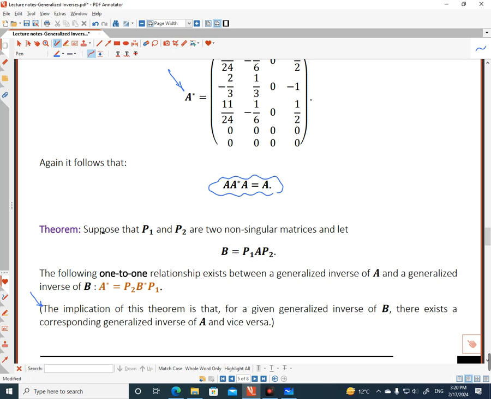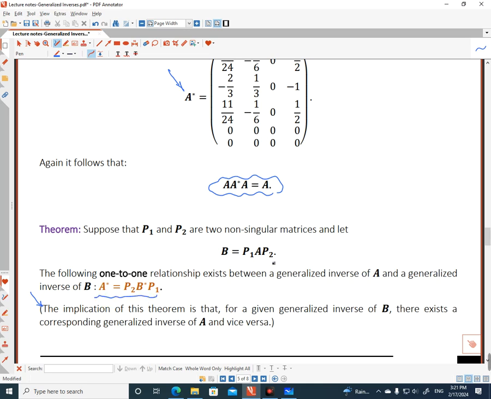connection? Here in this theorem, we read that if P1 and P2 are two non-singular matrices, and we define one of the matrices as you see, by pre-multiplying the other matrix with one non-singular matrix and post-multiplying with another one, then there is a one-to-one relation, and you can find the generalized inverse of A by this formula.